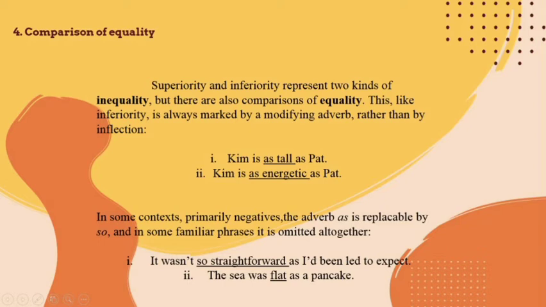In some contexts, primarily negatives, the adverb as is replaceable by so, and in some familiar phrases it is omitted altogether, like the examples below. It was not so straightforward as I had been led to expect. The sea was flat as a pancake.